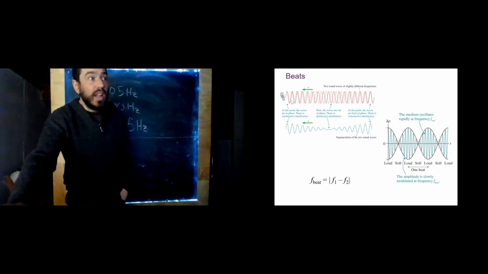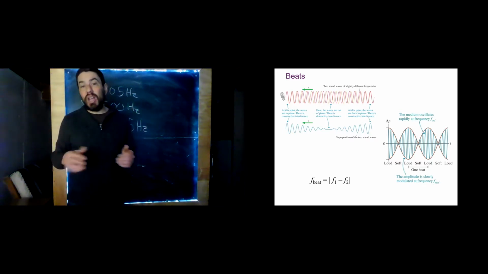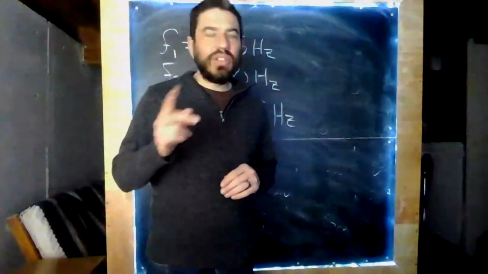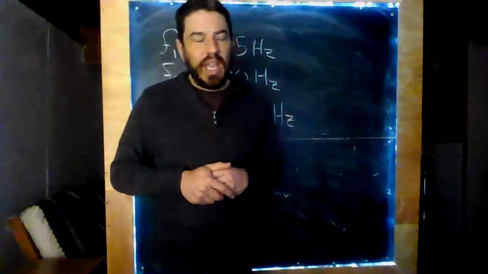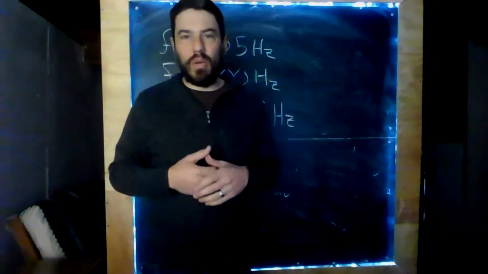To say that another way, they move from constructive interference to destructive interference to constructive interference. How quickly does this happen? It depends on the separation of the two frequencies. A good example, and you'll notice this when you're driving around next time, is when you've got your blinker on and you're in the left turn lane and you're sitting there for a while.